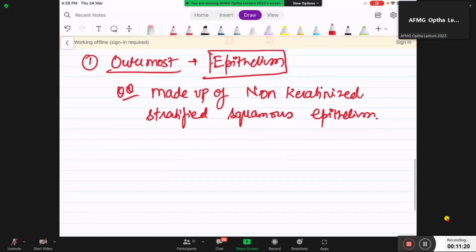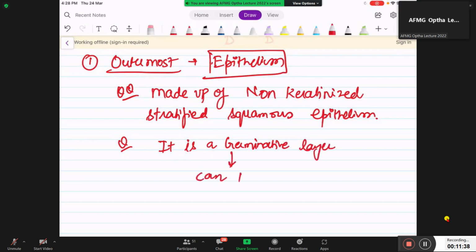Clear? Now, an important point about epithelium is that it is a germinative layer. What do you mean by germinative layer? It means that this layer, epithelium, can regenerate.